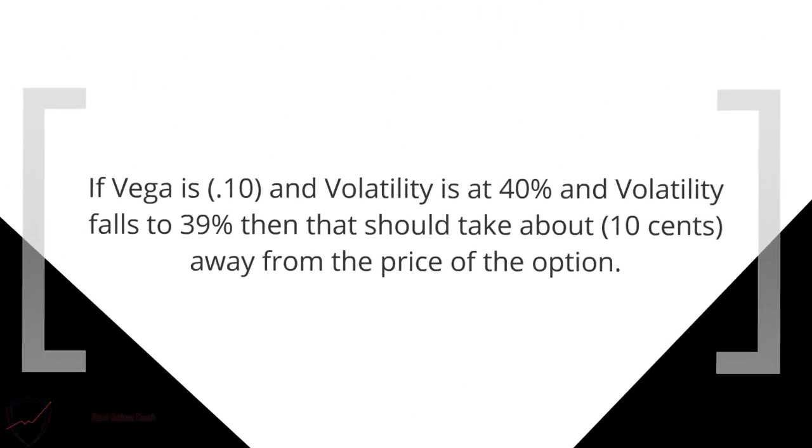For example, if vega is 0.10 and volatility is at 40% and volatility falls to 39%, then that should take about 10 cents away from the price of the option. And of course, if volatility was to rise to 41% from 40%, then your option would add 10 cents in value. So the Greeks are as simple as that.